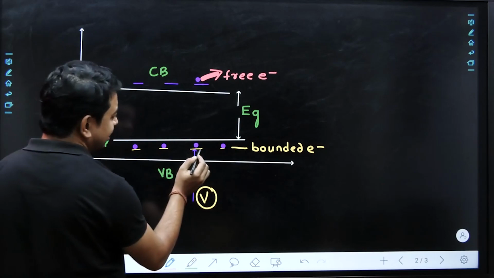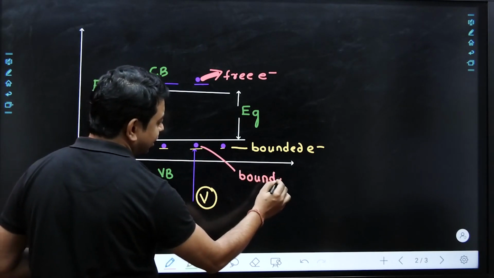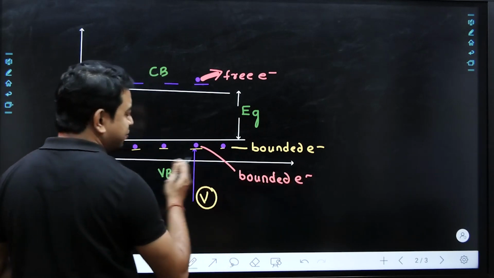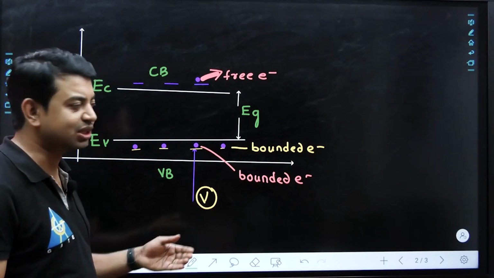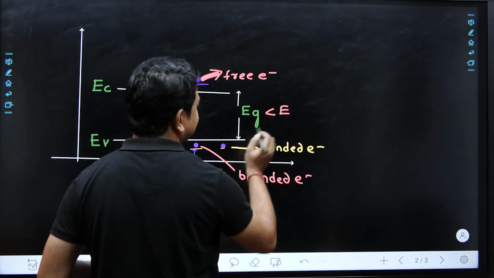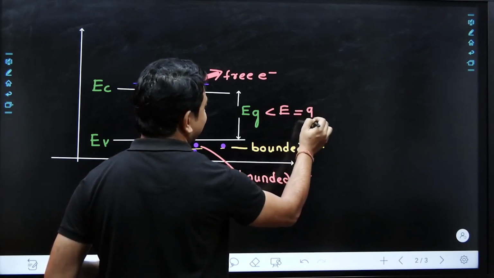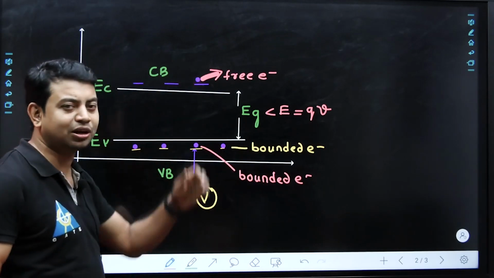So this electron is called a bonded electron. To make the electrons free from bonded, we need to supply a voltage. If the voltage gives sufficient energy, greater than the energy gap, then we can make the electrons free.